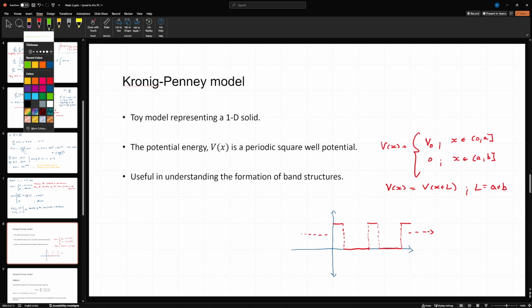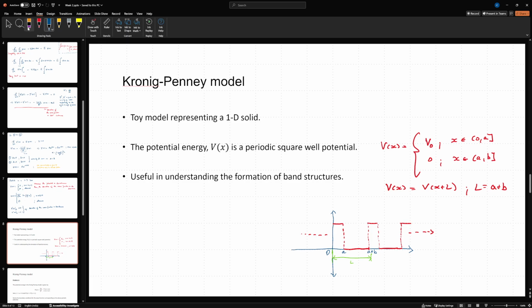This region is the fundamental period. Essentially, this region right here is what I shall call the fundamental period, and it has length L, and this is x equal to 0, A, and A plus B. Oh, no, I should have written A plus B here.